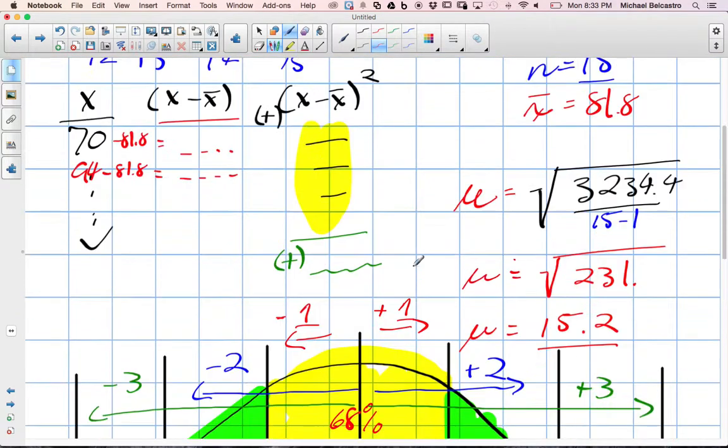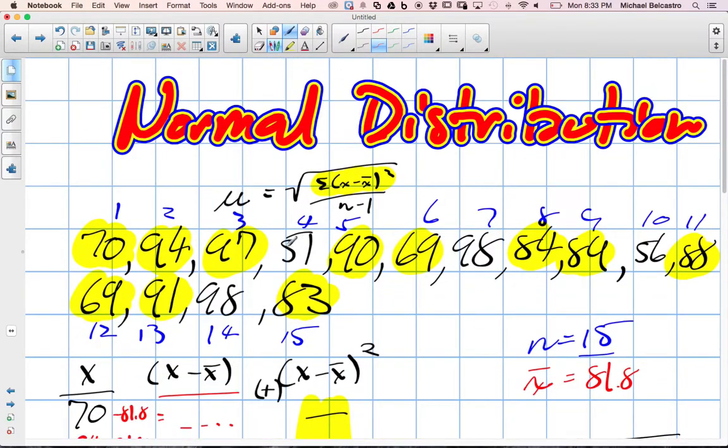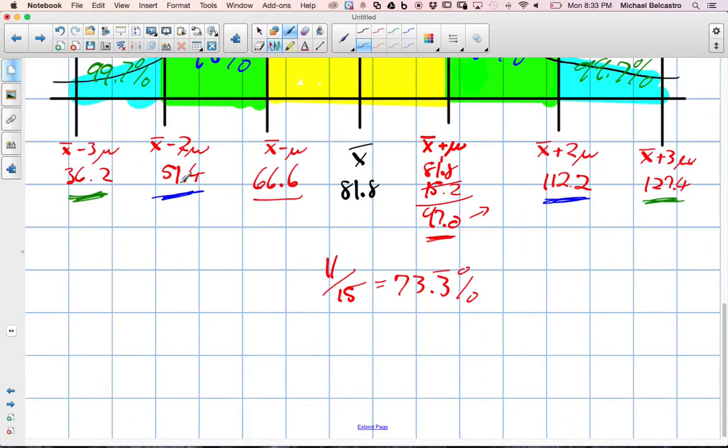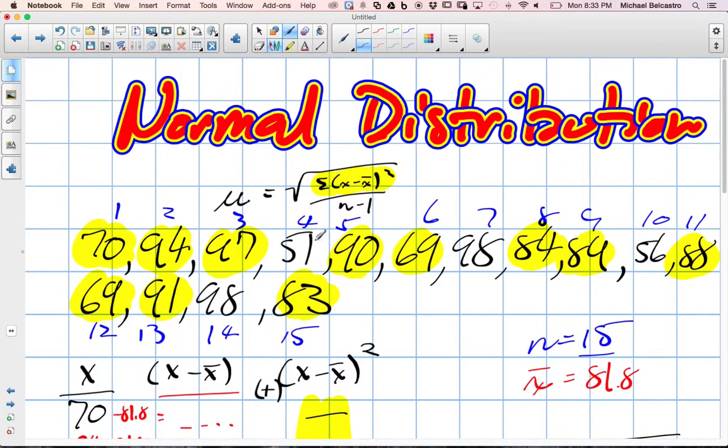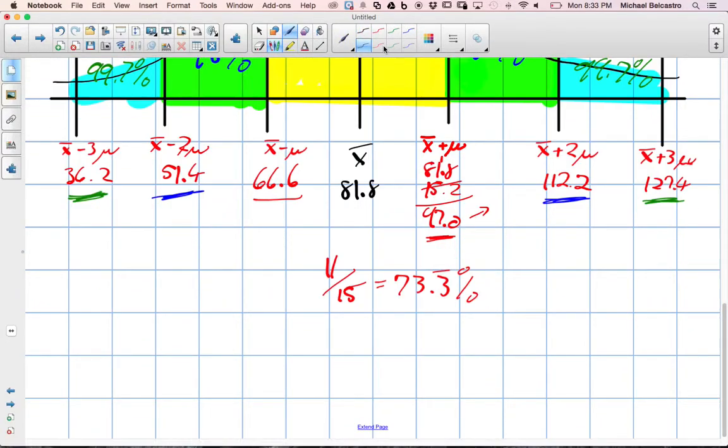And then between 51 and 112, oh wait, it's 51 point something, isn't it? 0.4. Okay, this one actually doesn't fall in it because it's below 51.4. And there's only one, so that's 14 out of 15. What color was that?